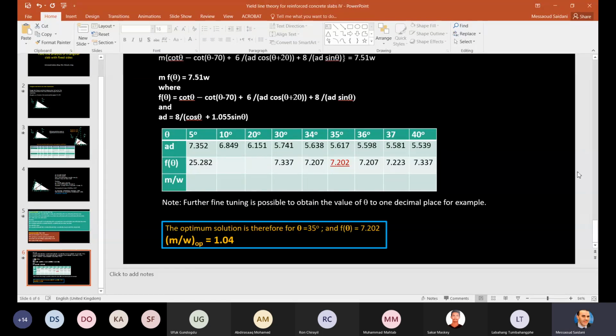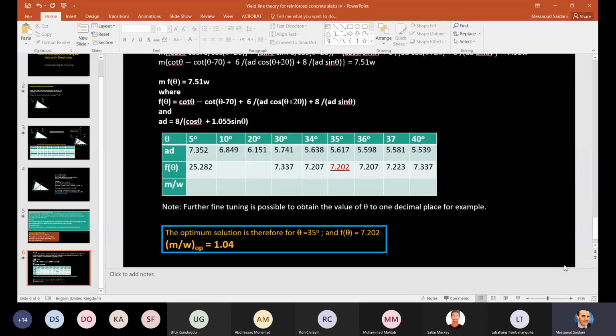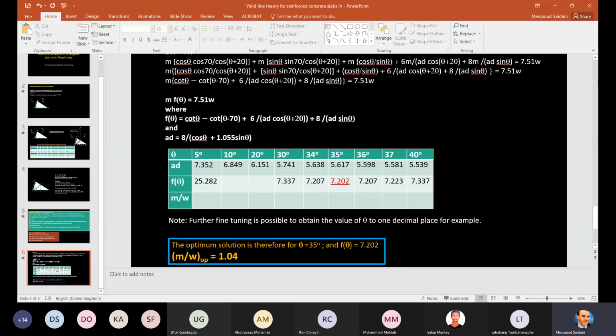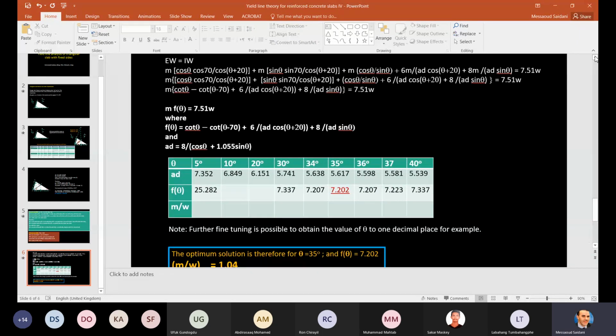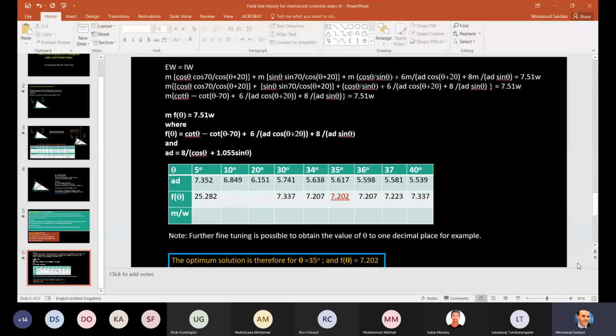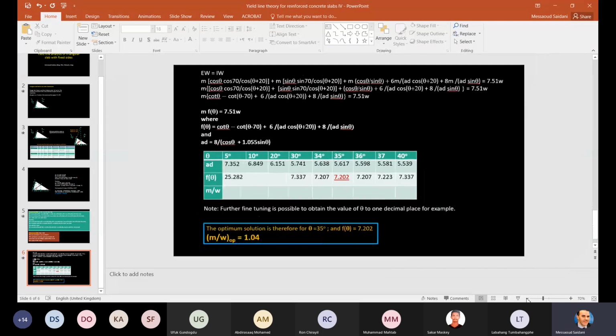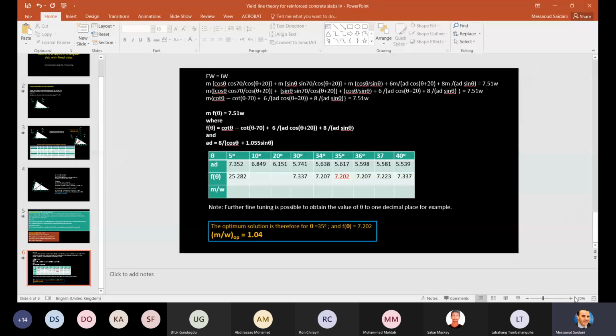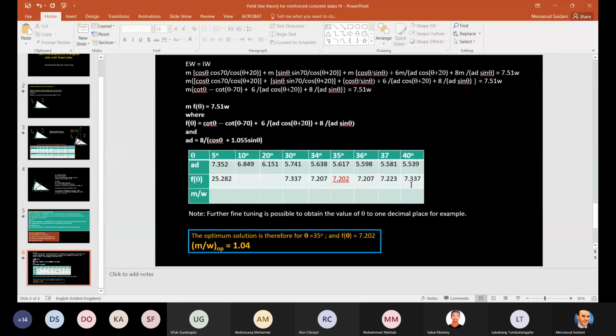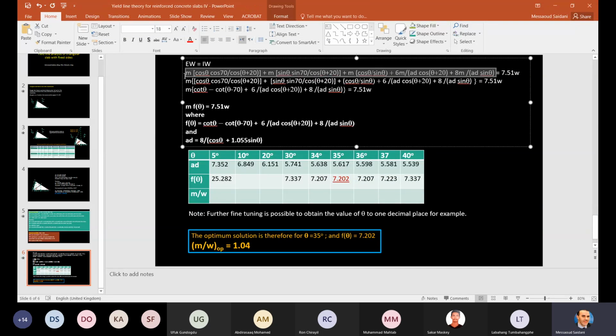Right, so the next step is, I've equated the external work to the internal work. So what we have here is this long expression of the external work equals the internal work, 7.51.